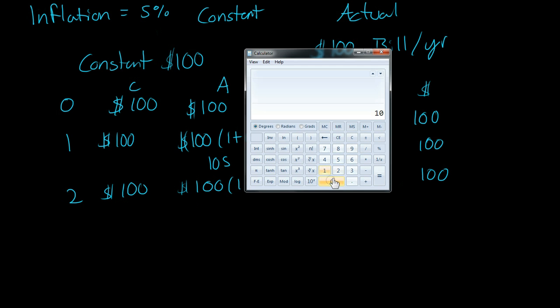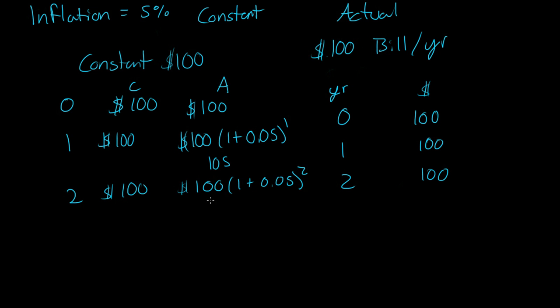We have 100, and we multiply that by (1 + 0.05) to the power of 2. So then we need to give an actual $110.25, so that at the end of year 2, you're actually getting that constant $100.